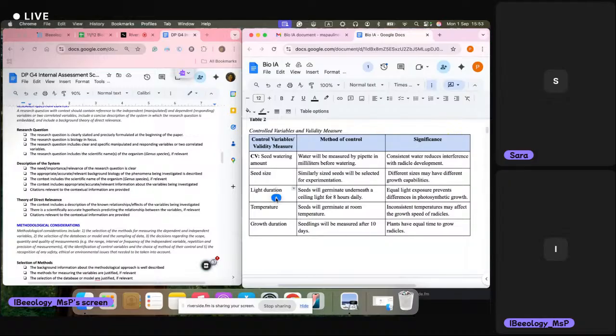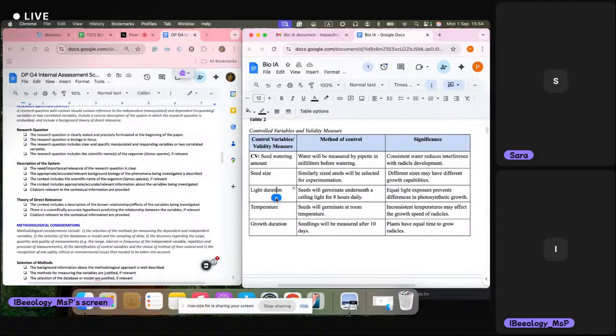Hold up. Do you need light? Do you actually need light for roots to form? Not necessarily, but it's part of the condition. But it's not, right? Because roots do not have chlorophyll, correct?